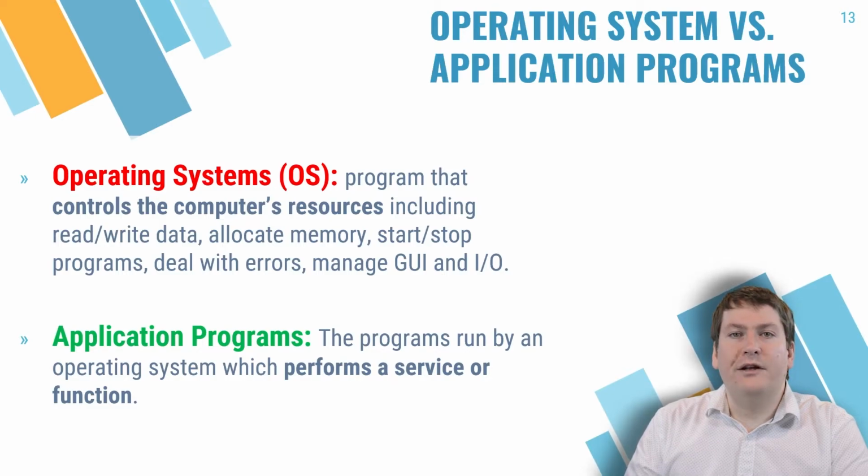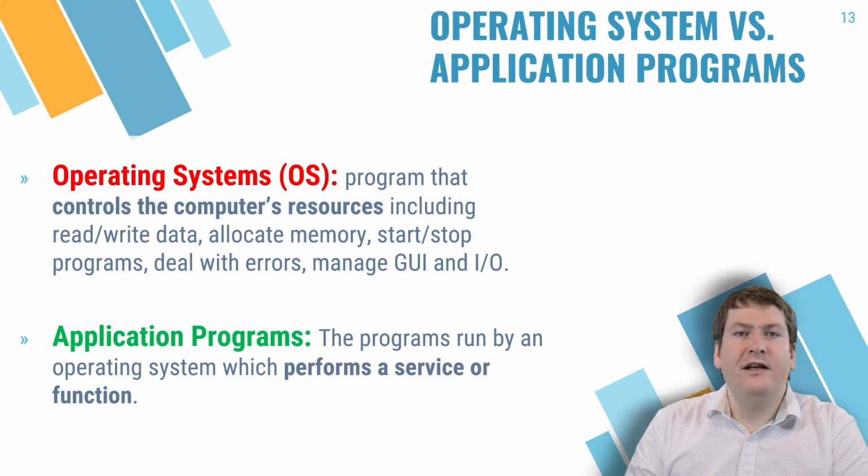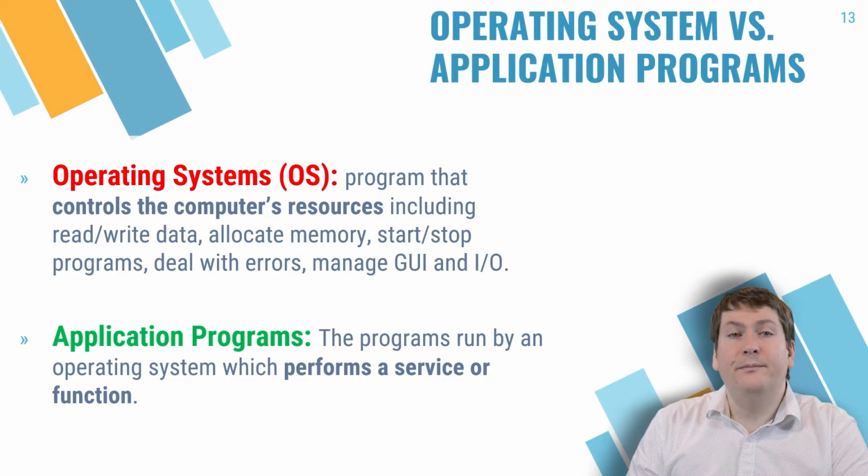They are programs that control the computer's resources, including tasks such as reading and writing, allocating and managing main memory, controlling the execution of programs, error handling, displaying the GUI, that's the graphical user interface, and handling input and output from devices like keyboards, monitors, mice, printers, scanners, and so on. Examples of operating systems would include things like Windows, macOS, and Linux.